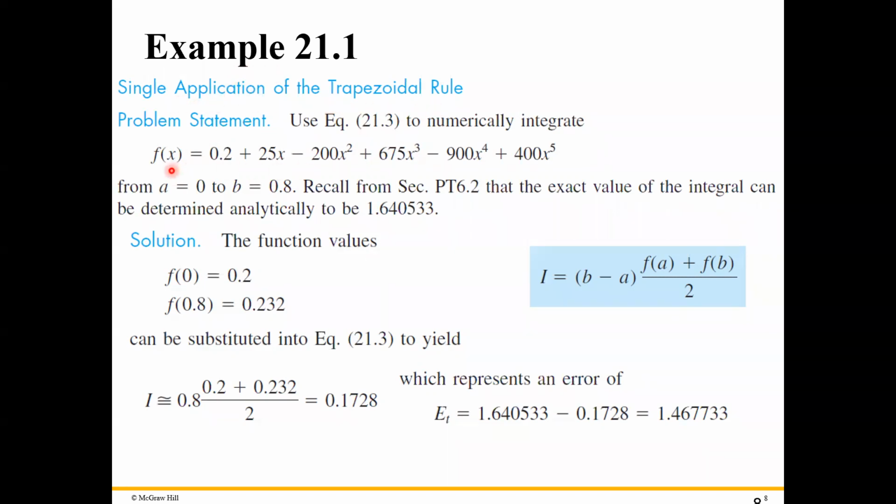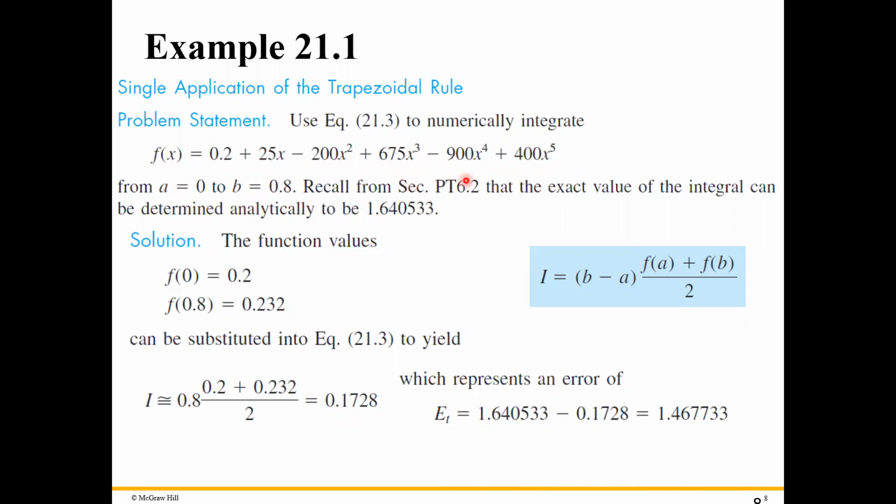Suppose we have this function, which is a fifth order polynomial. Can we approximate this fifth order polynomial with the trapezoidal rule? Yes, of course we can. We want to integrate it from 0 to 0.8.